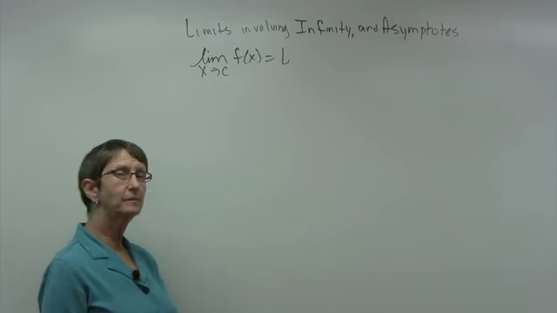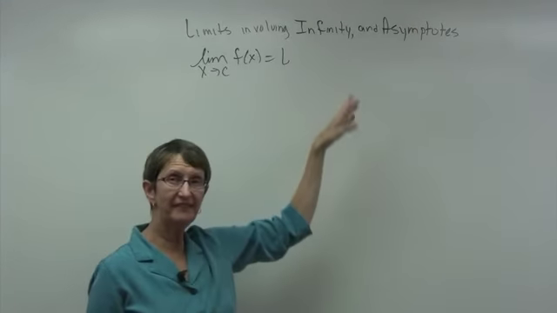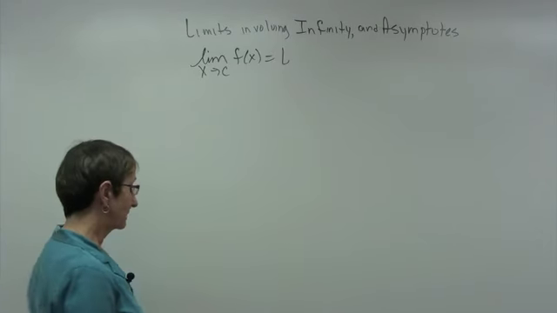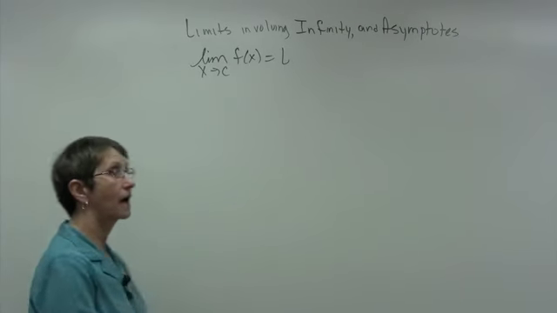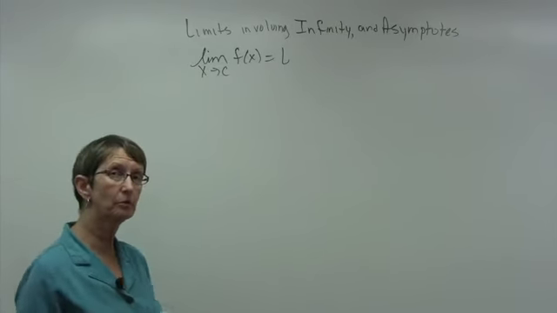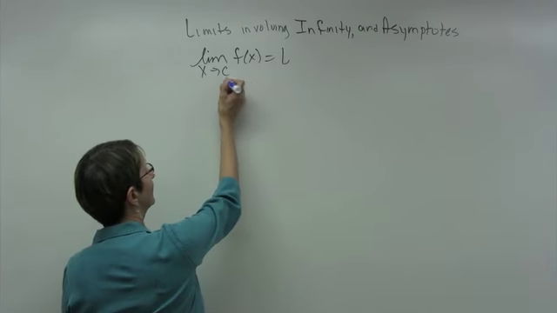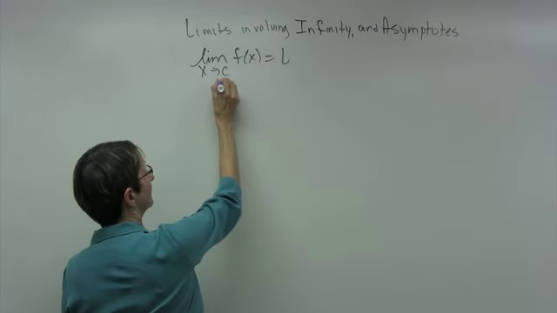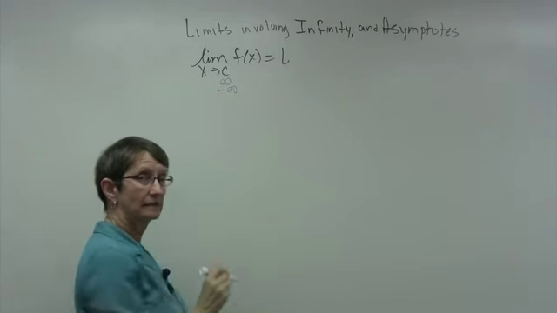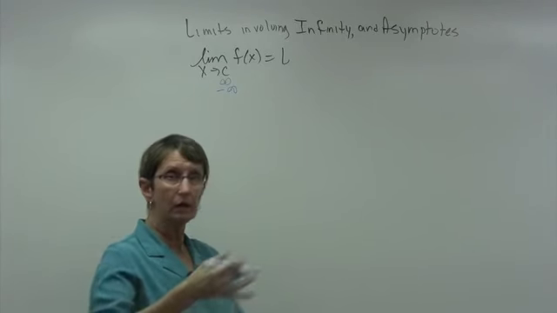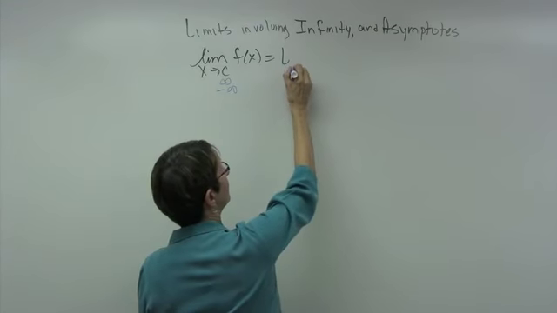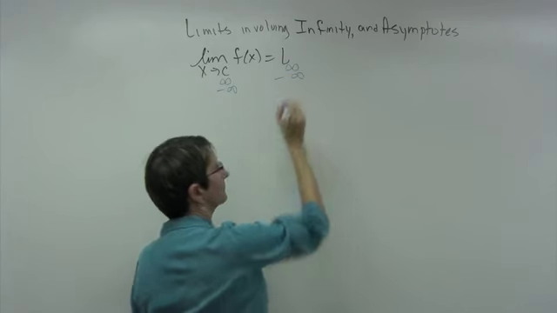We're going to look at limits now that involve infinity. And that means that a couple of places where we have numbers, for example, the c, we could have infinity or -infinity. And where we have L, we could have infinity or -infinity.